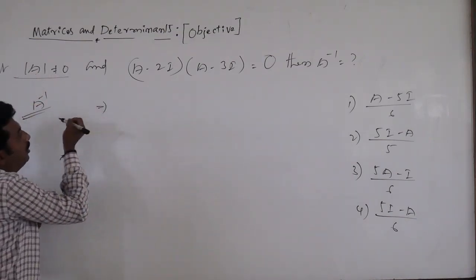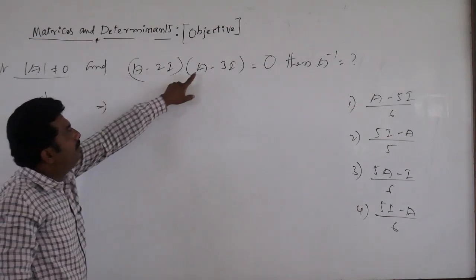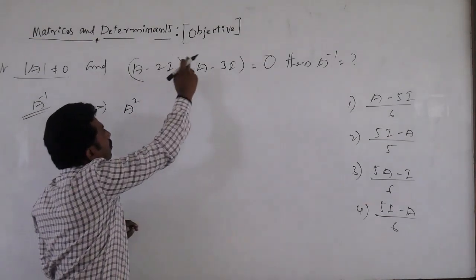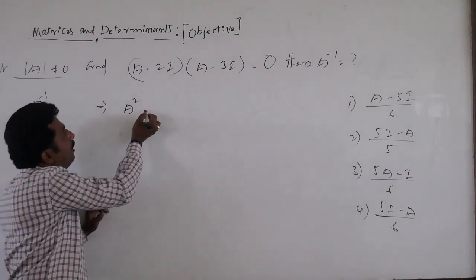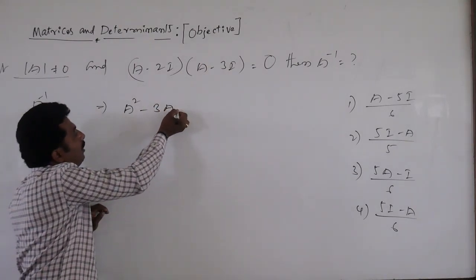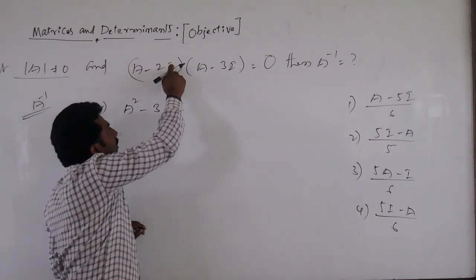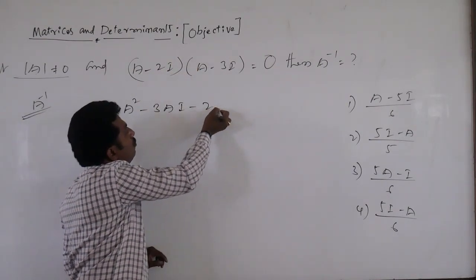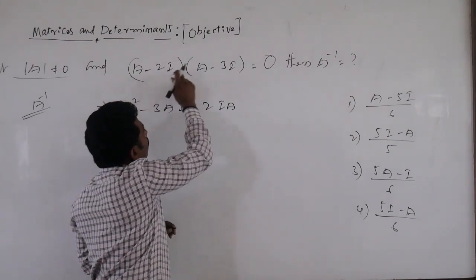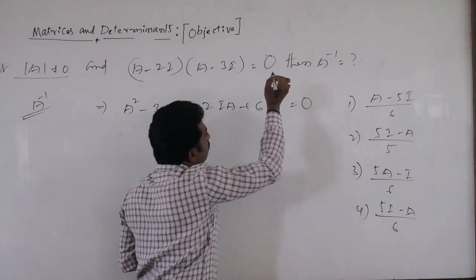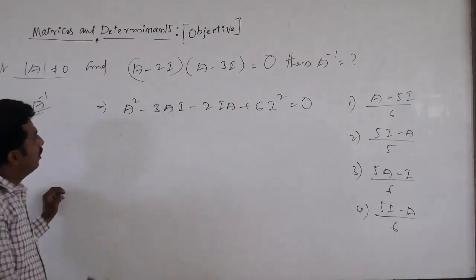Just observe, multiply A into A, this is A square, A into minus 3I, minus 3AI, minus 2I into A, minus 2IA, minus of minus 6 into I square, equals the null matrix.